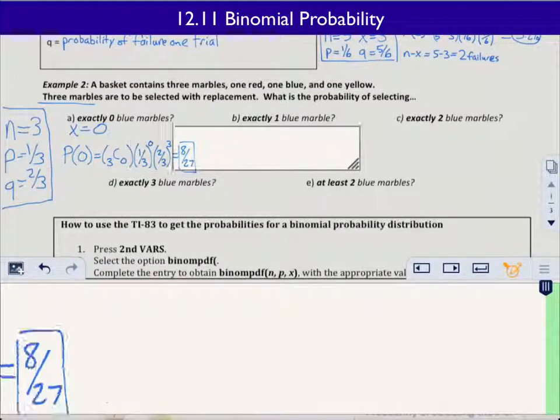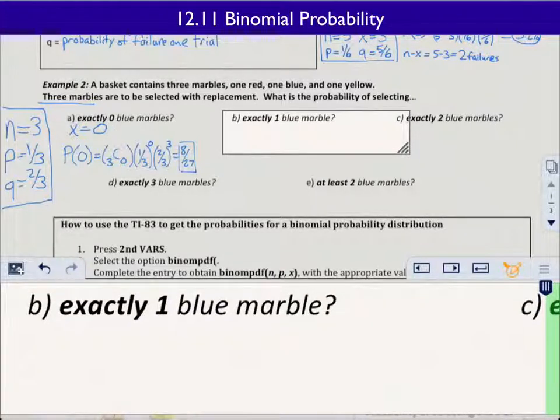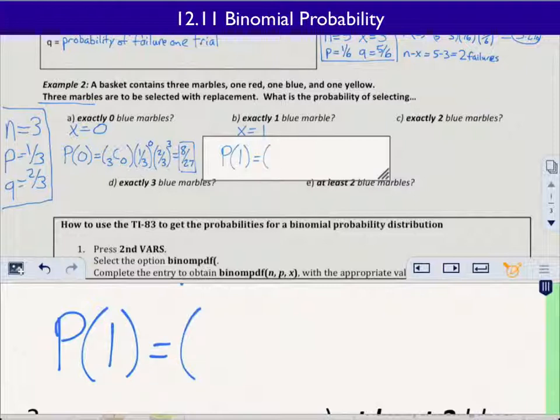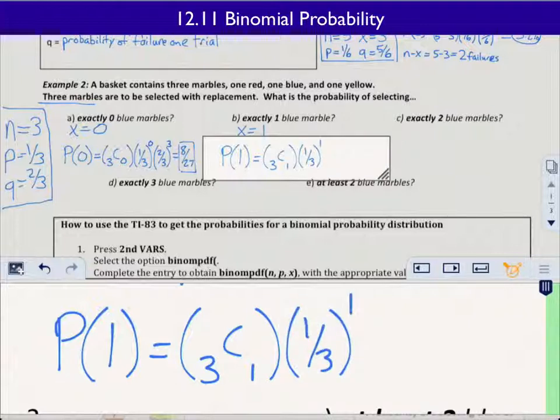All right, if we want to get exactly 1 blue marble, now x is going to equal 1. So the probability of getting exactly 1 blue marble in 3 tries is 3c1 times your probability of success, which is 1/3, and how many successes we want is 1, times the probability of failure, which is 2/3, times how many failures, which is 2.